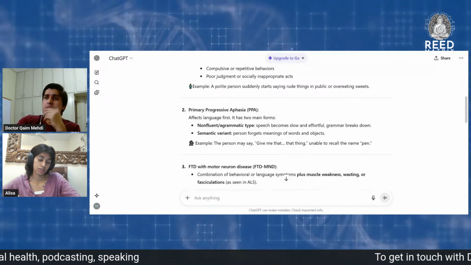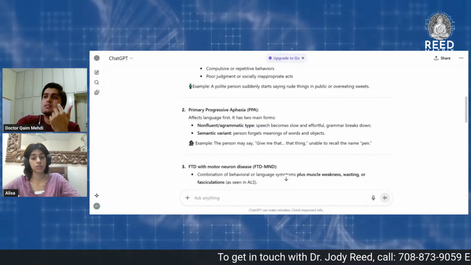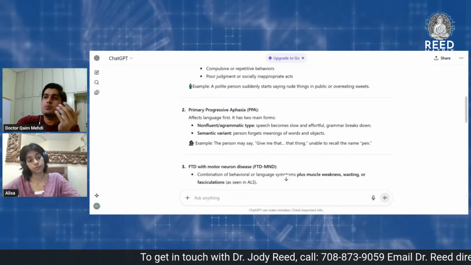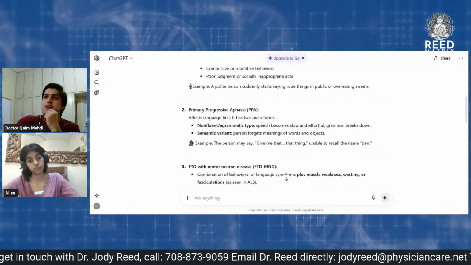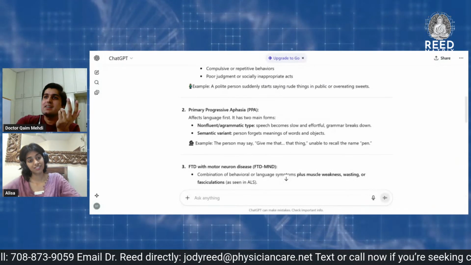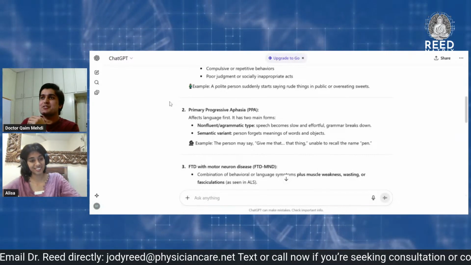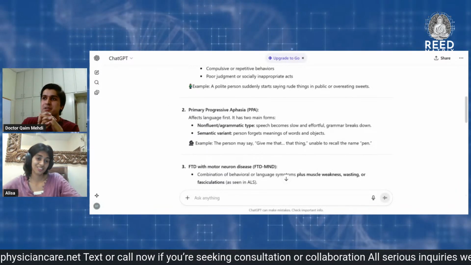The other form of primary progressive aphasia is the semantic variant, where a person forgets the meaning of words and objects. Now, we as students have this tendency to forget things, but we cannot always blame frontotemporal dementia for that.